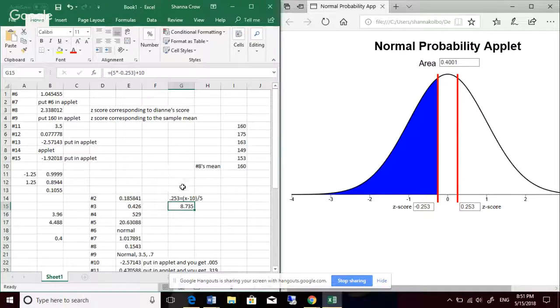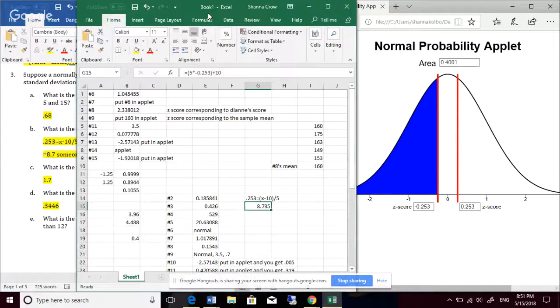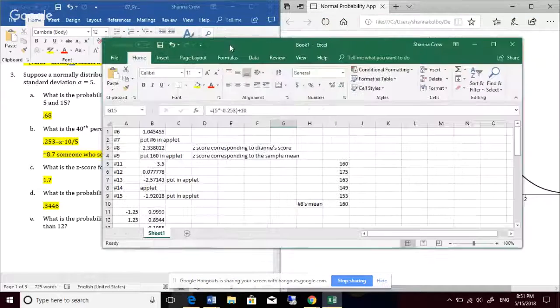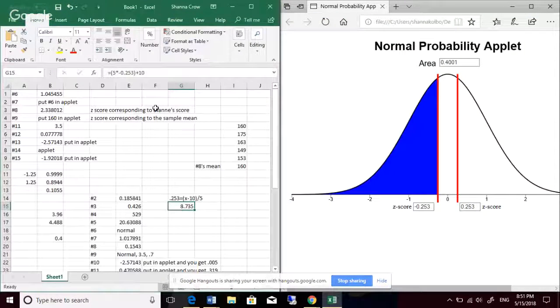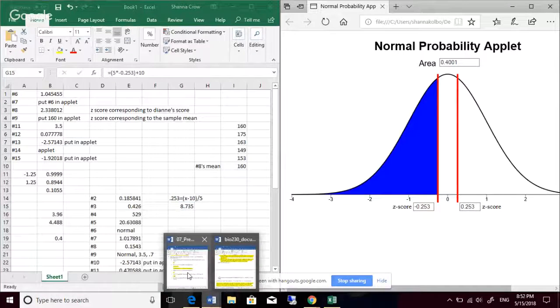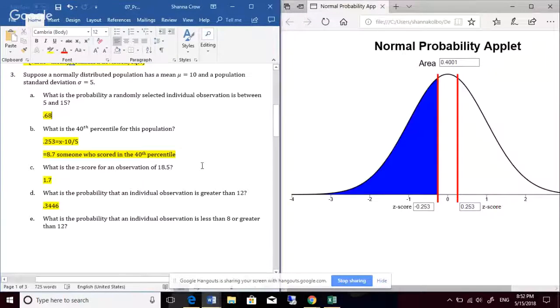Yep. Okay. I have paper so I could write off this unit.